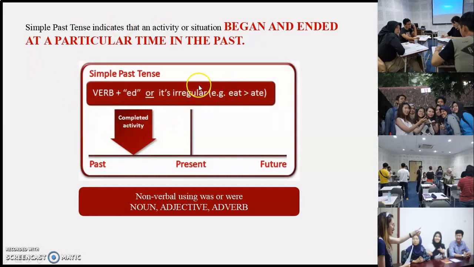But if we can find verb, so please put ed. Or sometimes it is irregular. It means it's different, it's exceptional. For example, eat, ate, and then go, went.